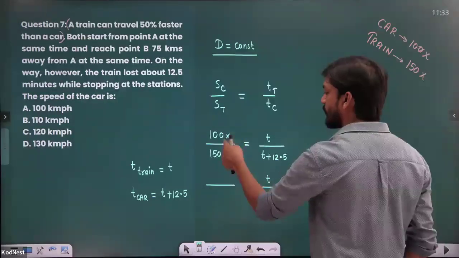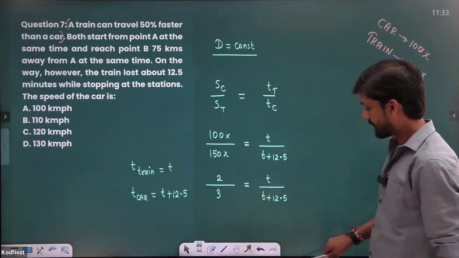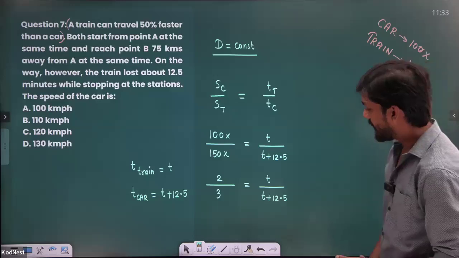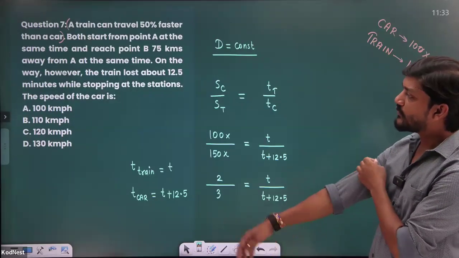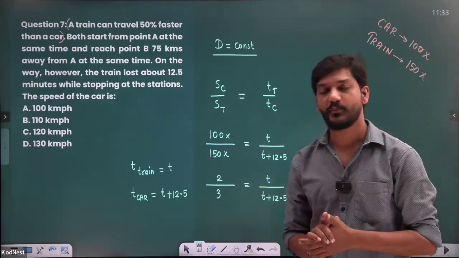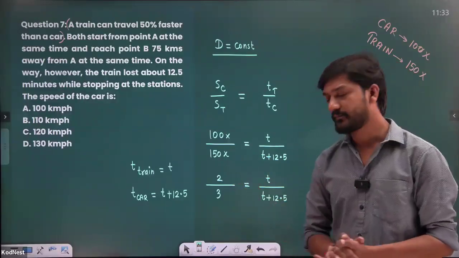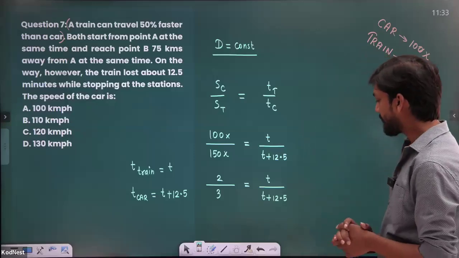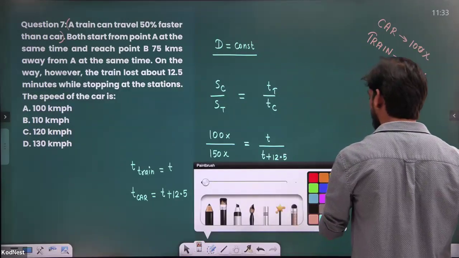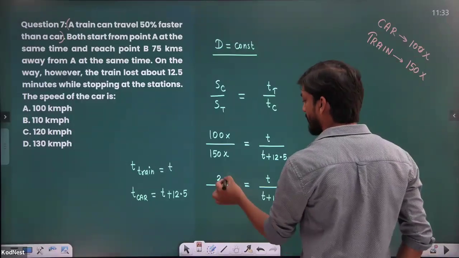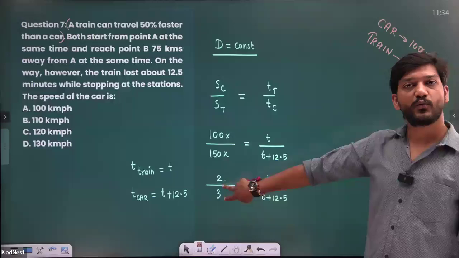So 50 into 2, 50 into 3. So 2 by 3. Now carefully observe please. Very simply we can calculate. Actually we have to calculate the speed, but we will calculate later. This will give you the time. Carefully answer one thing. This is 2, this is 3. The difference is 1.